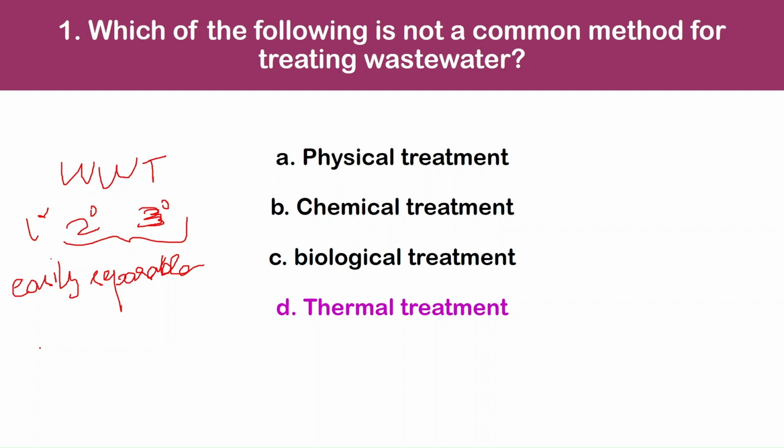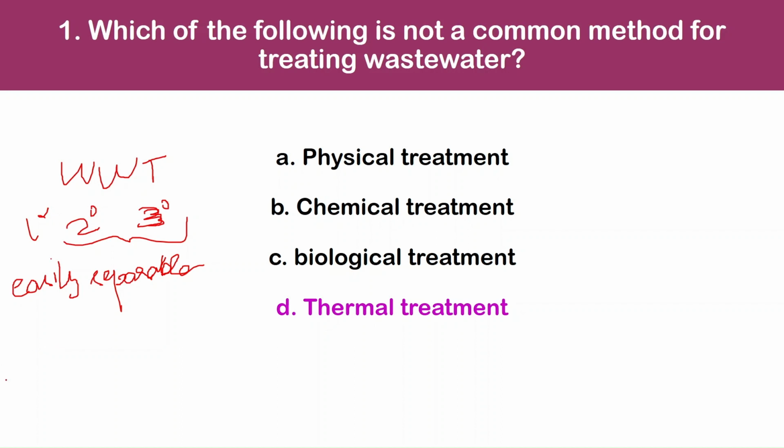Screens, why do we use them? Because when you pass through the screens, all the objects that are greater than the screen size are retained. In the primary sedimentation tank, these suspended particles generally get settled, and from the primary sedimentation tank you take your effluent to the secondary treatment.